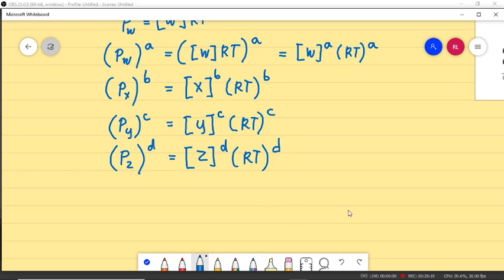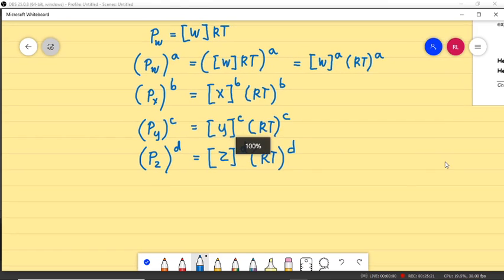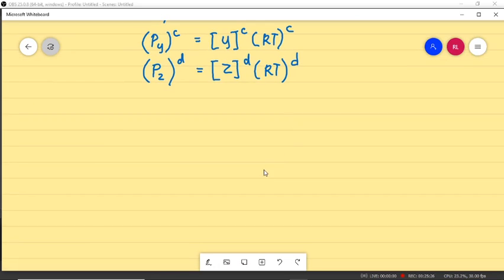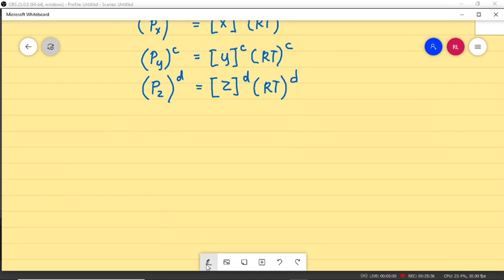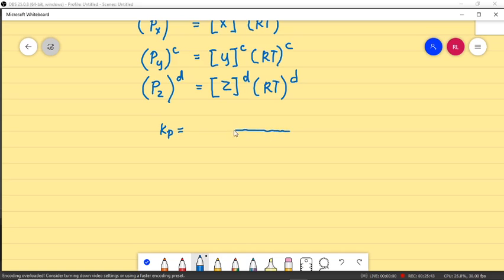Okay? So let's substitute that into our expression. So ano ba yung expression natin? Sulat ko lang ulit dito yung expression natin, which is K sub P, para hindi na tayo babalik doon sa taas.